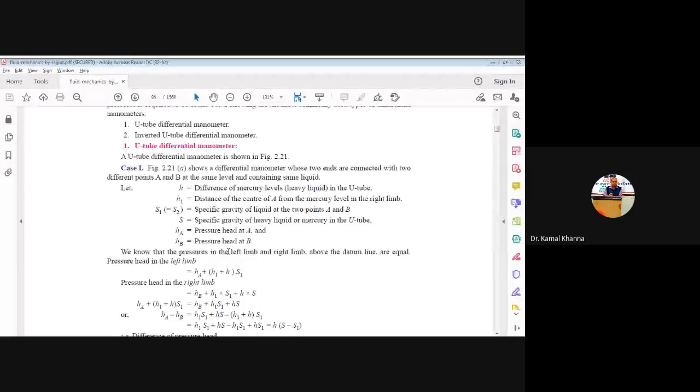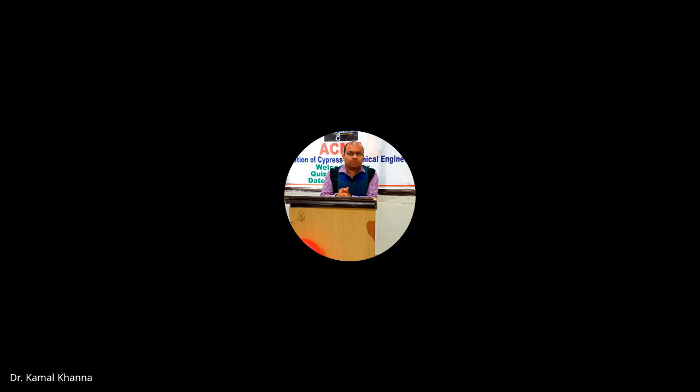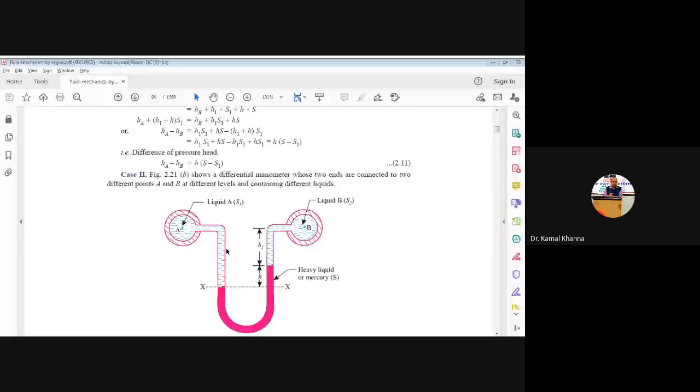The first case we are taking is when the 2 points of the two different liquids are lying at the same level, and also we have assumed that we are using the same liquid in both the cases. So I have assumed in the first case that both the liquids are at the same level and the same liquid is being used.